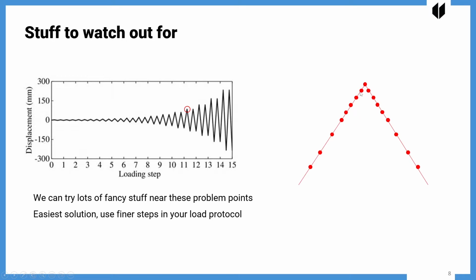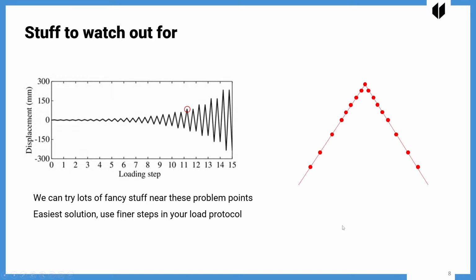You can go pretty small here. You could do increments that are like 1/100th of the typical load incrementation. But I've generally had success implementing this just in my time series.